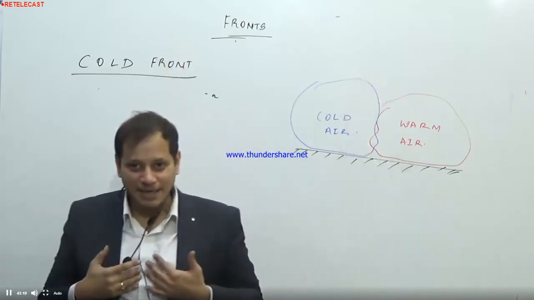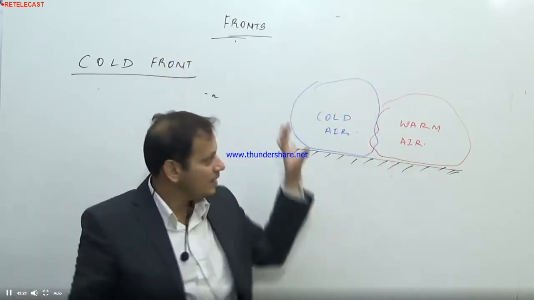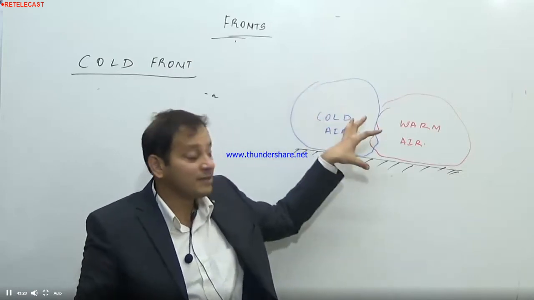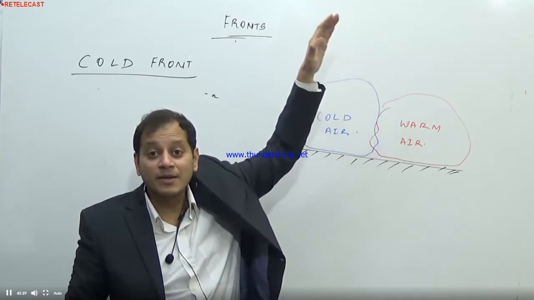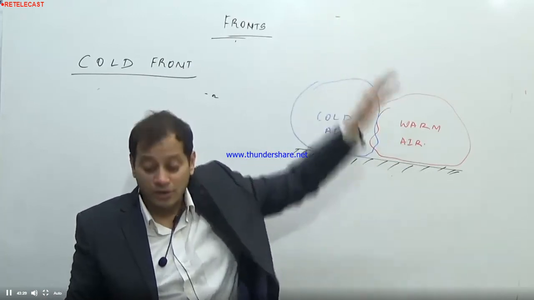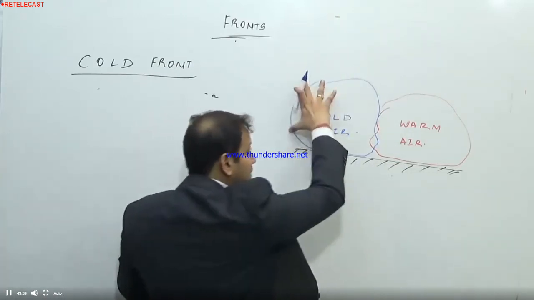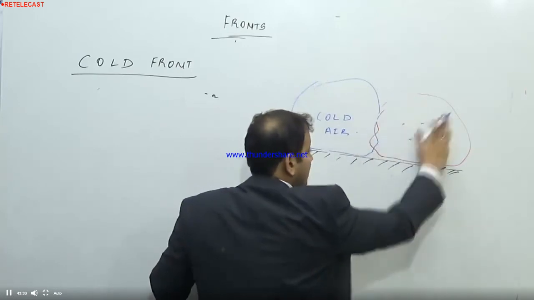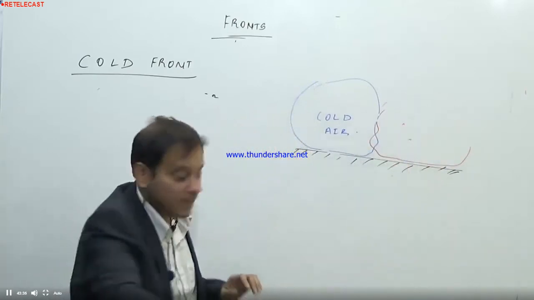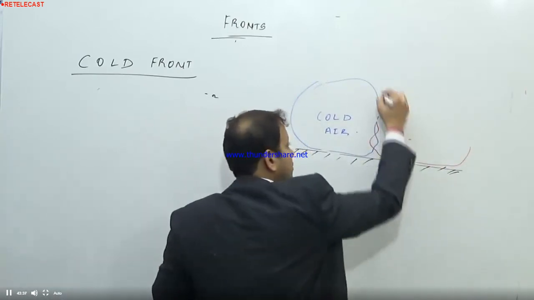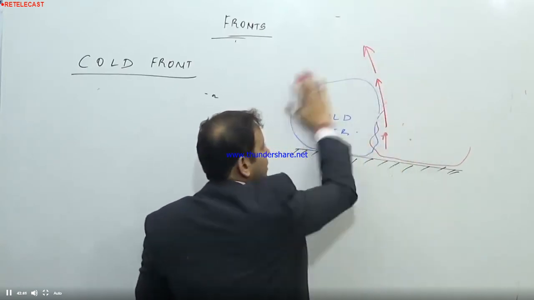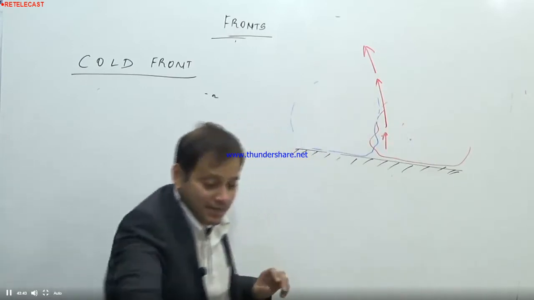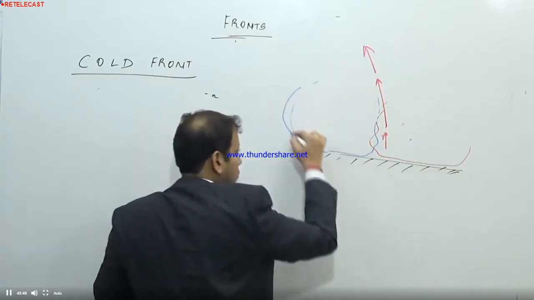In layman's terms, in geographical terms, the cold air comes downwards, invades the territory of warm air and displaces the warm air vertically along the slope. So when it comes in the territory of a warm air, it will try to throw the warm air upwards, and hence the warm air is thrown upwards along a very, very steep slope, because this area is now being invaded by the cold air.